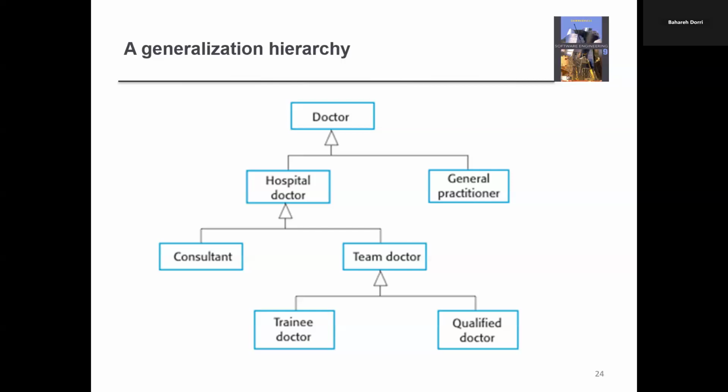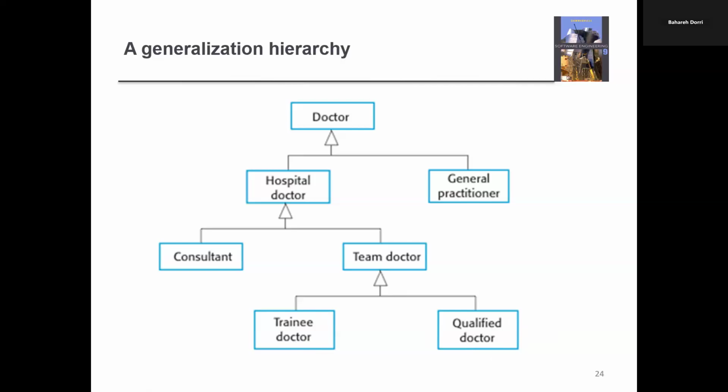Now let's go a level deeper under hospital doctor. This branch splits into consultant and team doctor, and the team doctor class is itself further specialized into trainee doctor and qualified doctor. So each level down becomes more specific.